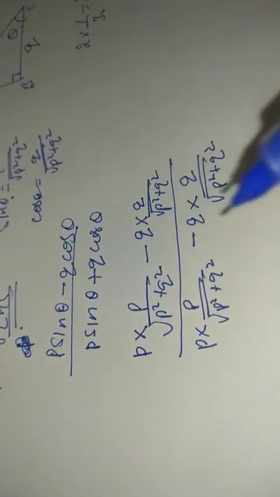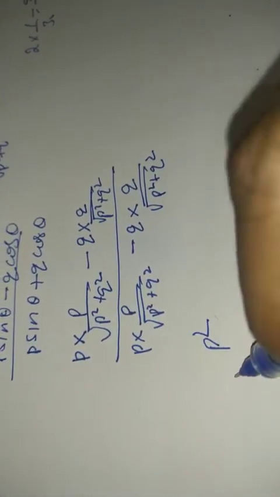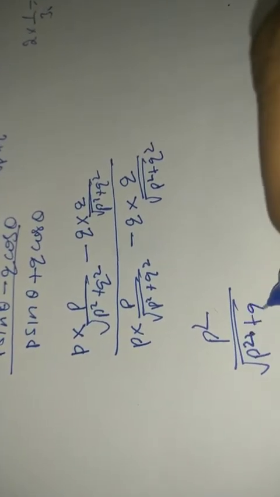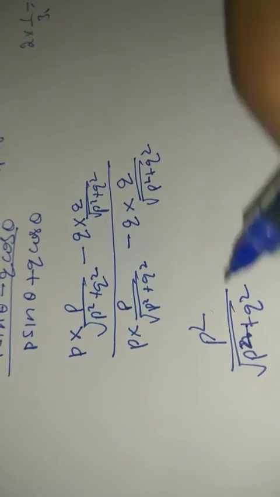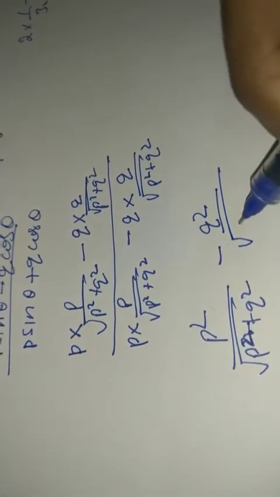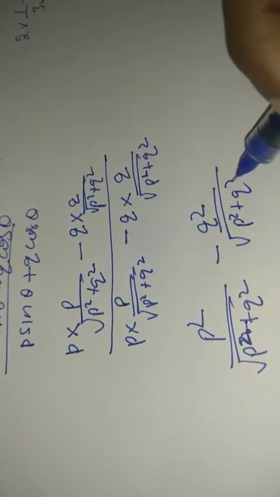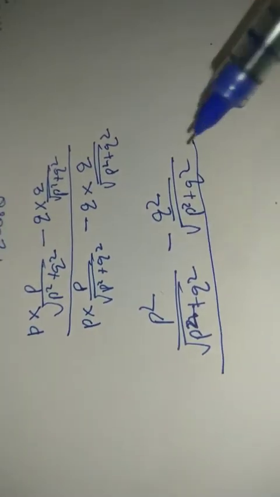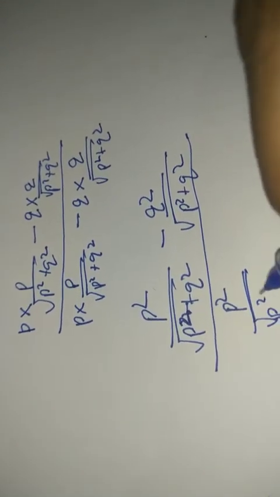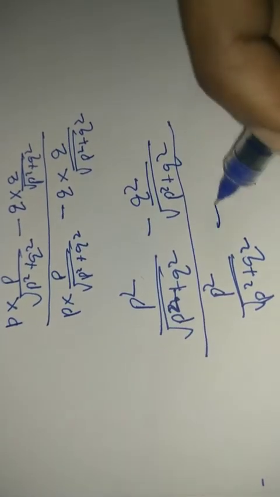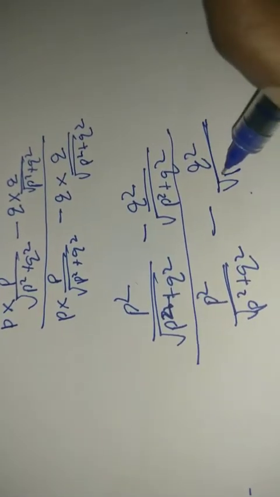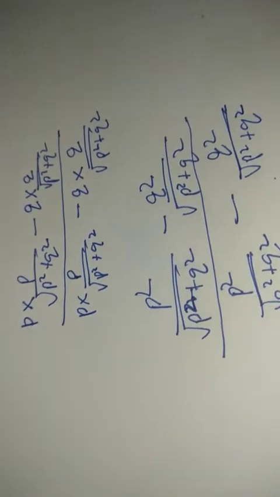So P into P will become P square upon under root of P square plus Q square, minus Q into Q, Q square upon under root of P square plus Q square, whole upon, again P into P, P square, plus Q square upon under root of P square plus Q square.